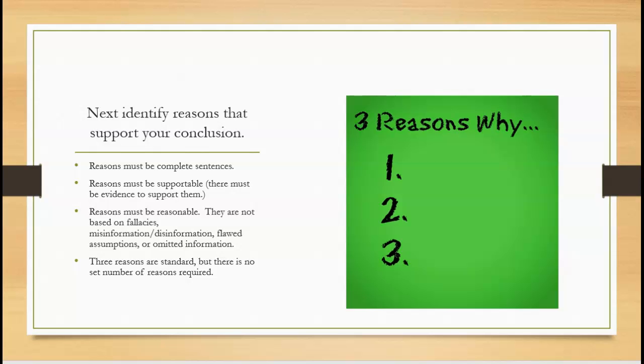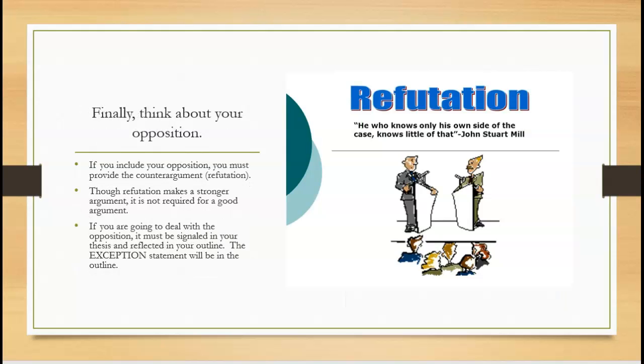After you have created your reasons and you've brainstormed those, now you want to think about your opposition. Think about what someone who is opposed to you might say. And what that is going to require you to do is to look at the values that you did not select, that your opposition might select.